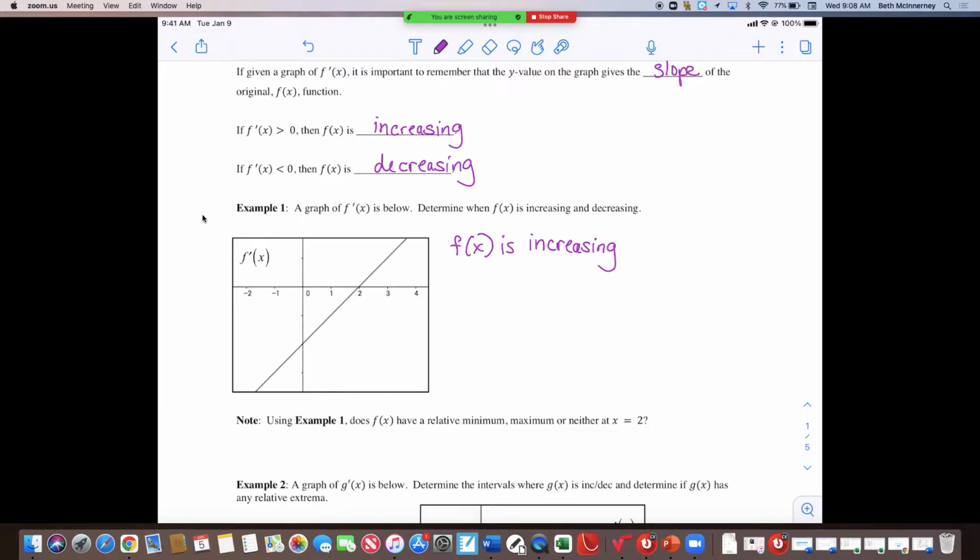All right, Stephen, where is f of x increasing? Good job. From 2 to infinity. Why is it increasing there? Good job. Yeah, we would say f prime of x is greater than or equal to 0.